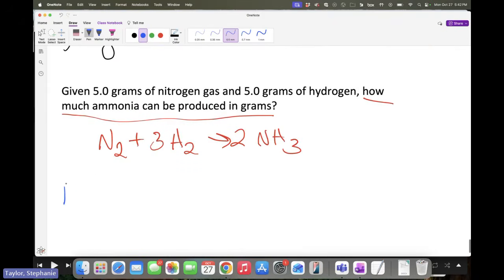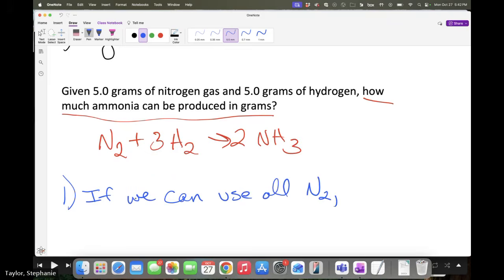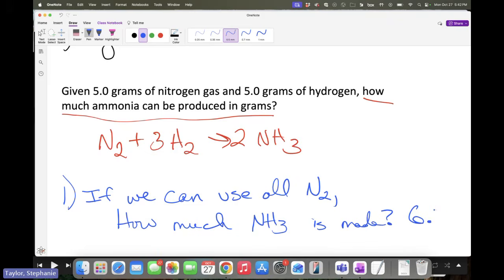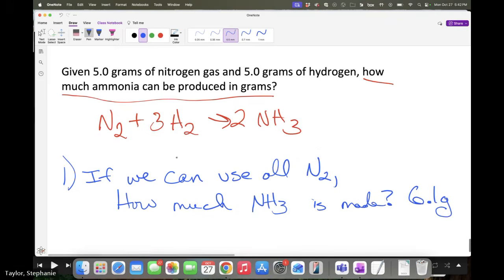So essentially, we basically ask, if we can use all the nitrogen, how much ammonia does that make? How much ammonia is made? And that's a question we already answered, which was 6.1 grams.